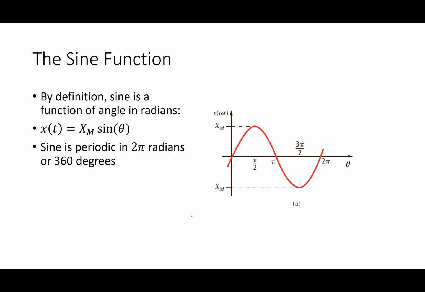The sine function, right? You dealt with things in calculus like sine of theta or sine of x. Again, we don't really talk about functions of x or functions of theta. We might from time to time, but in general, in electrical and computer engineering, we're talking about things that are a function of time. By definition, the sine function or the cosine function is periodic in 360 degrees or 2 pi radians.